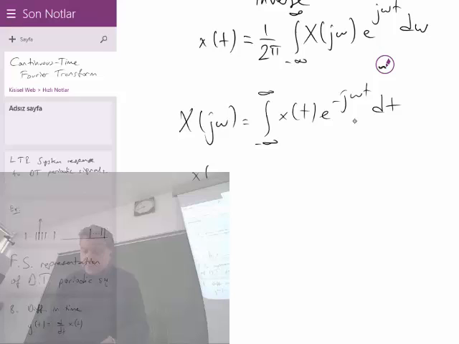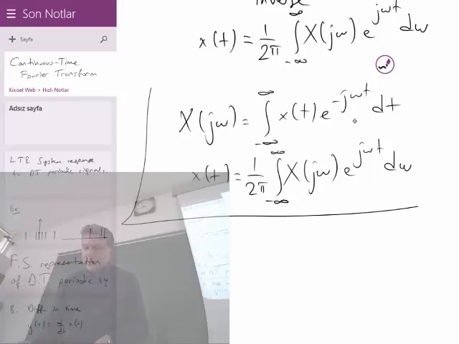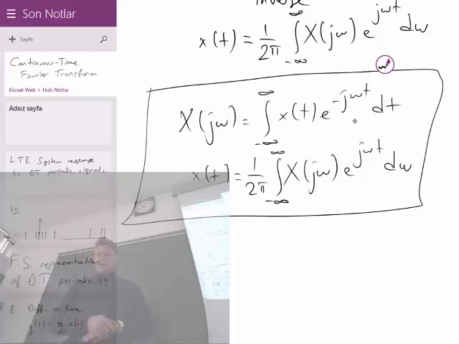And x of t is equal to 1 over 2 pi, integral from minus infinity to infinity x of j omega e to the j omega t d omega this time. So these two formulas will form the inverse and the forward Fourier transform. The top is the forward Fourier transform, the bottom is the inverse Fourier transform.